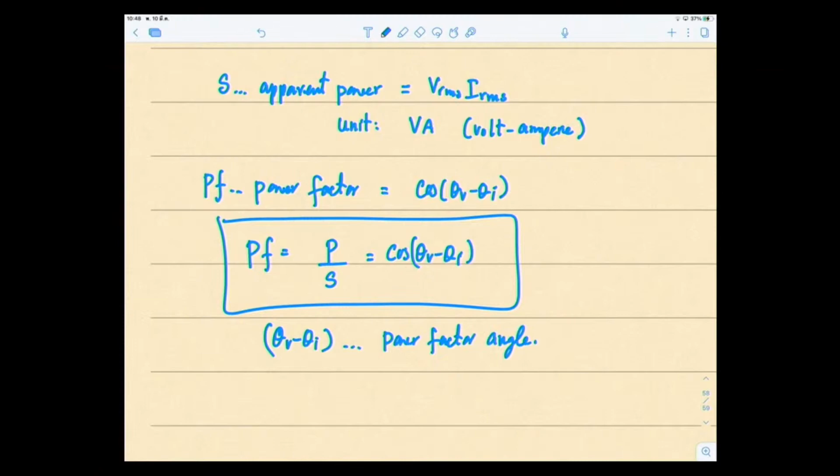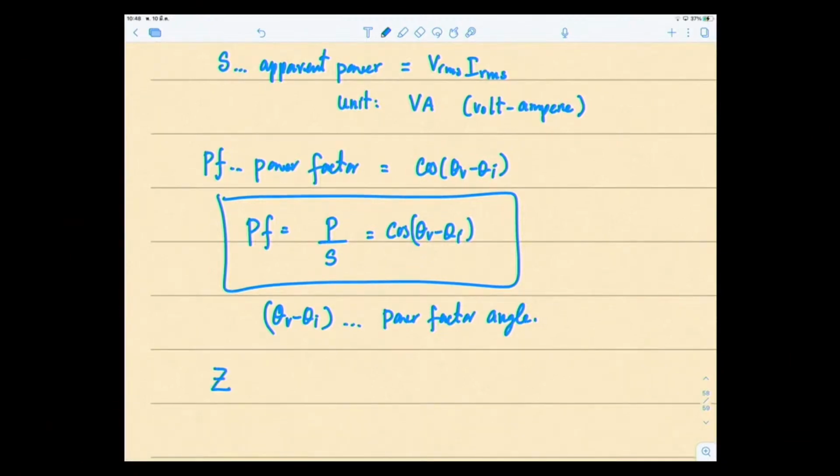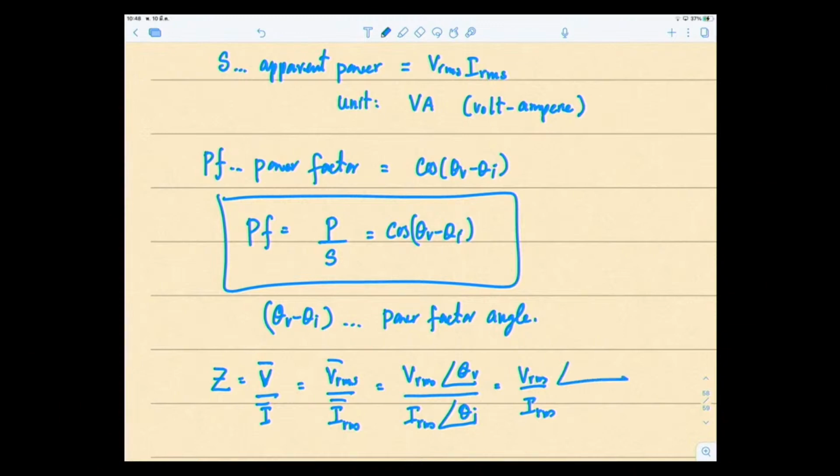It's very interesting that if you look at the formula for the load impedance, the impedance is phasor V over phasor I. If V is phasor VRMS over IRMS, that is VRMS angle theta V over IRMS angle theta I. So you get VRMS over IRMS, and the angle is theta V minus theta I, which is the same as the power factor angle.